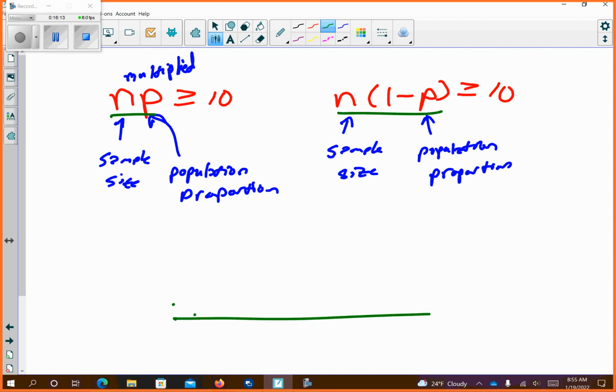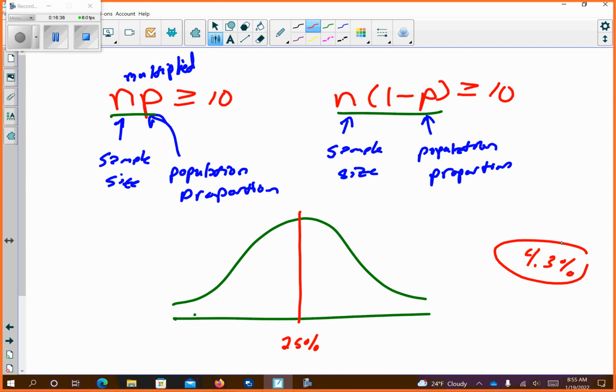So what we could do is say we know that we have a mean of 25%. But then we realize that 4.3% is basically what's going to take place.